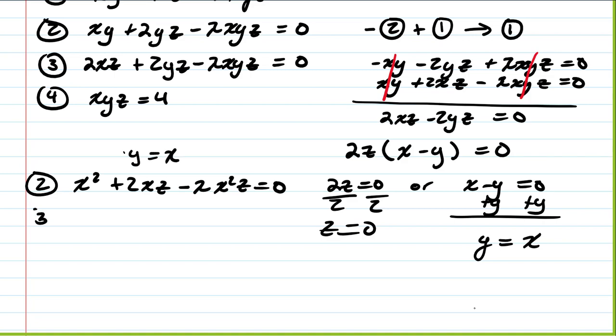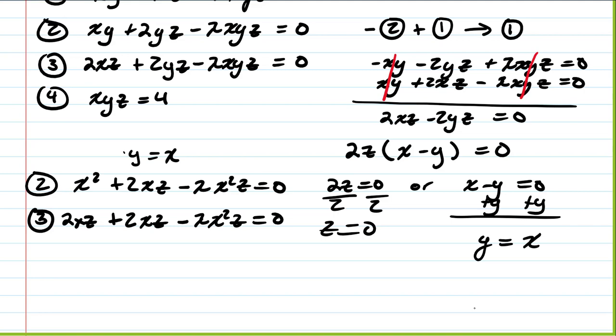And equation 3 would be 2xz plus, if y is the same as x, 2xz minus lambda x squared z equals 0.